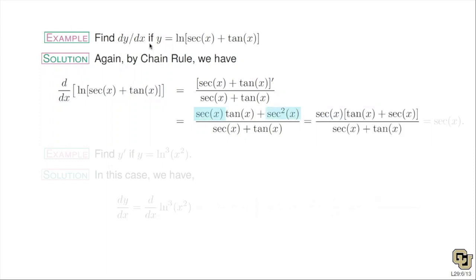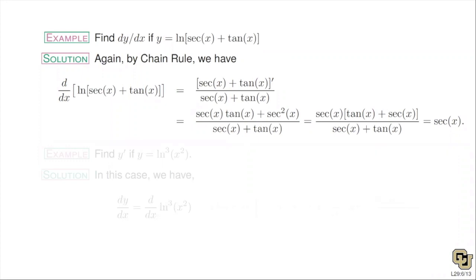So I factor out one copy of secant in the numerator, and I get secant times the quantity tangent x plus secant x. But that's exactly the same as what we have in the denominator. So I can cancel the tangent x plus secant x with the secant plus tan, and we get back just secant. So here we've learned that the derivative of ln of secant plus tan equals secant.